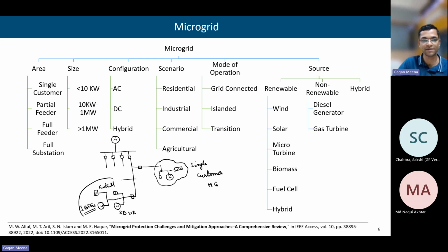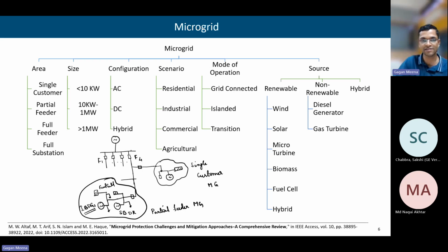If we talk about this microgrid, there can be a number of houses here on the lateral. And this is a partial feeder, a part of this feeder. Let's say this is feeder one, and this is feeder four. So this is a part of this feeder. It's a partial feeder microgrid.